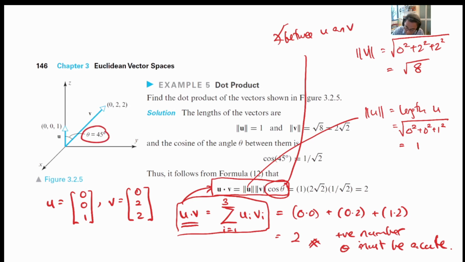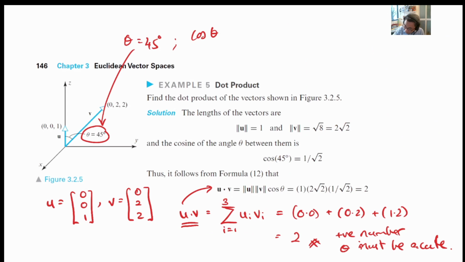In the figure, theta is shown to be 45 degrees, and if we plug in 45 degrees as theta, convert it into radians and find cosine theta, then we can use the equation, and the answer using this equation will be the same, equal to 2.